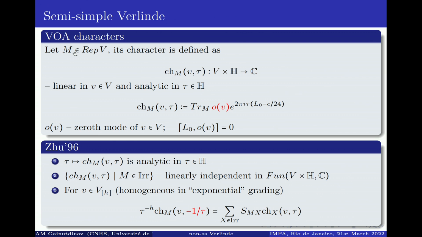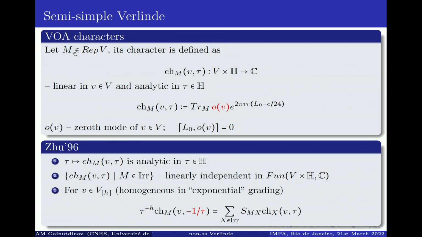I should introduce them as a trace function on this module M, where you have the standard thing which is very familiar to everyone, e^{2πiτ(L_0 - c/24)}. But actually, we need an extra thing. We need the so-called zero mode of a given vector, right? So it has input vectors and tau. And I have to calculate the trace of this operator.